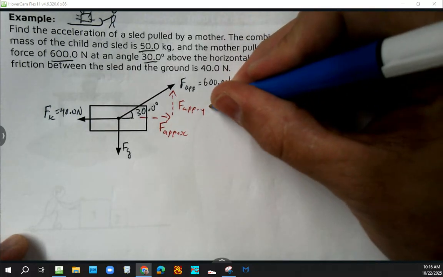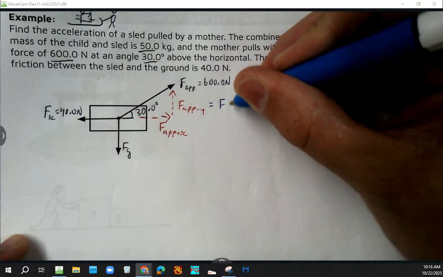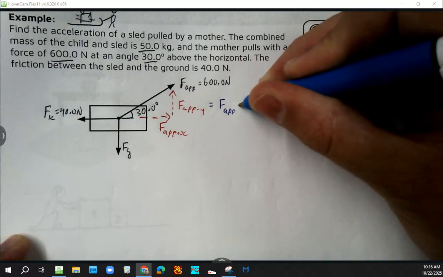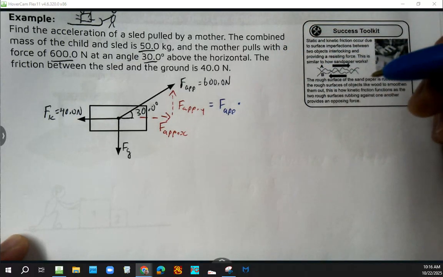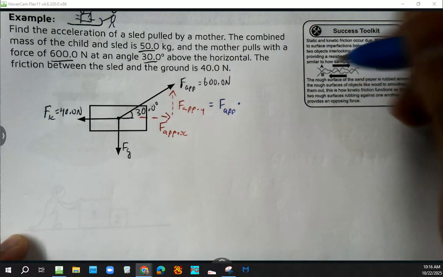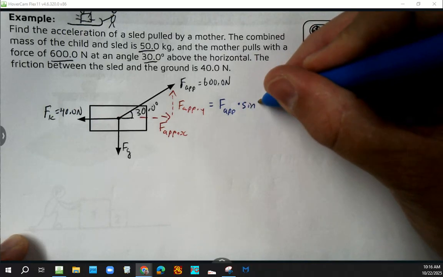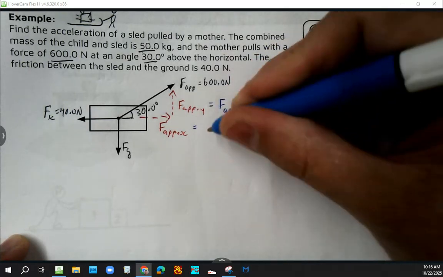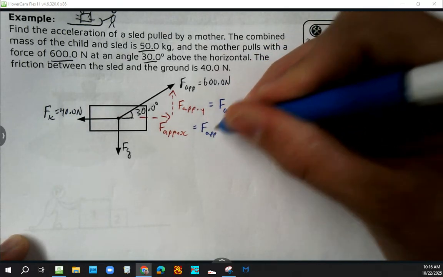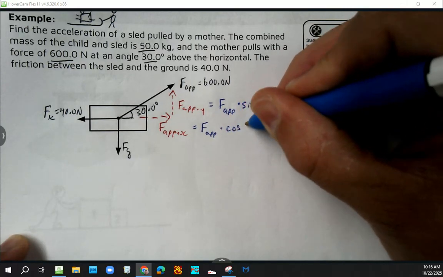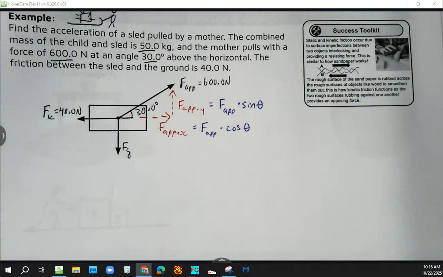So F applied Y is equal to F applied times sine theta, or cosine theta if it's opposite. Sine theta. F applied X is going to be F applied times cosine theta. Great. I only bring that up because we're going to have to think about X and Y components.